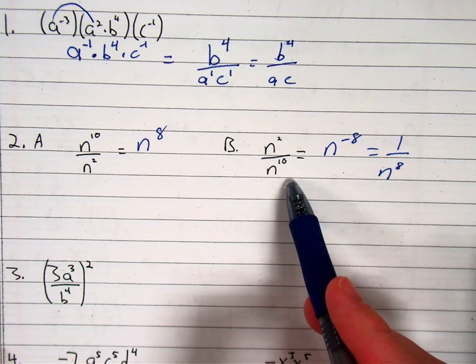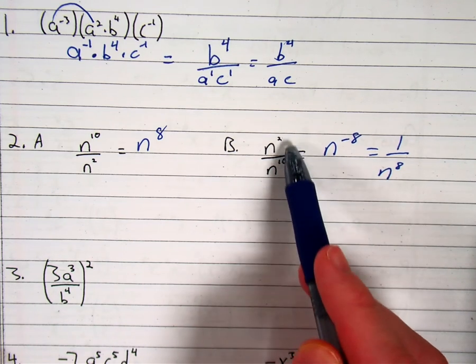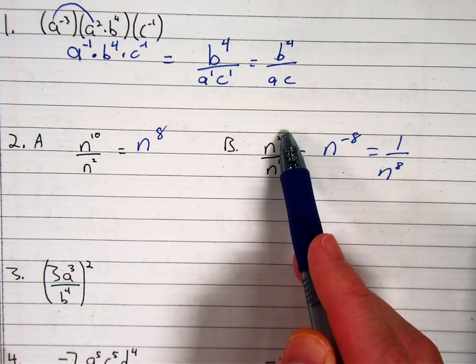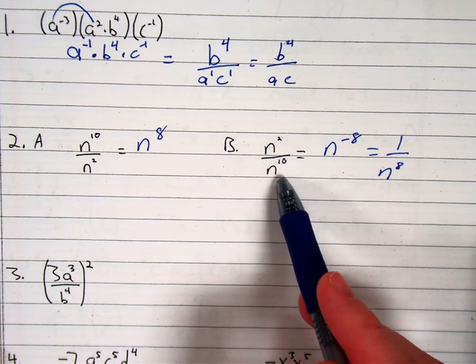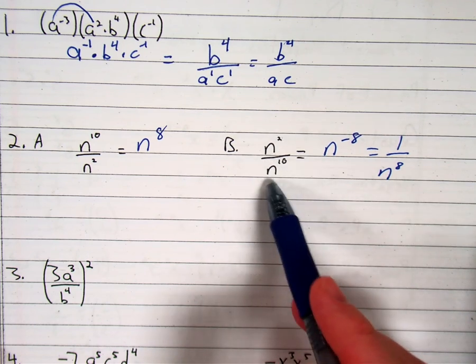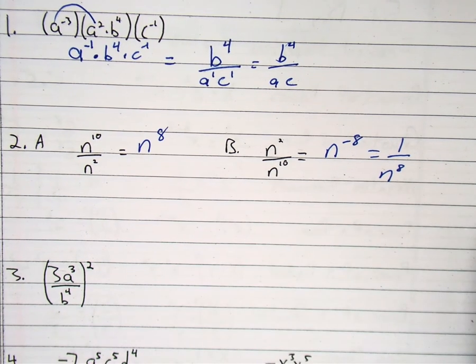Over here, I'm seeing 10 and 2 again. I'm going to do 10 minus 2 for n to the 8th, but I'm going to put my answer on the bottom because that's where the biggest one was. So that can save you half a step if you just do the big power minus the little power and put your answer where the big power was, top or bottom.